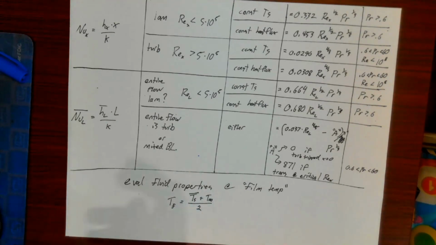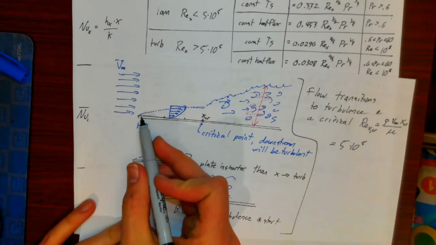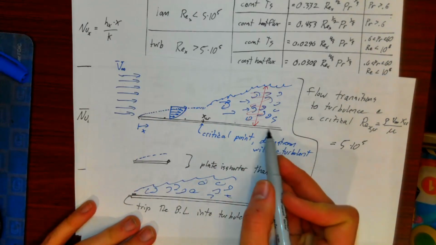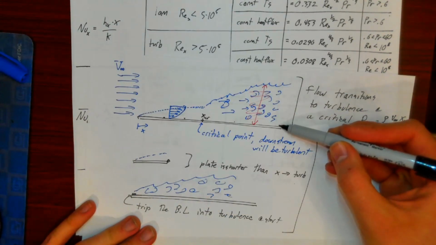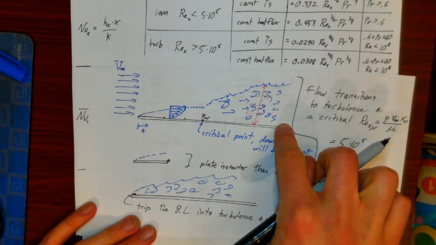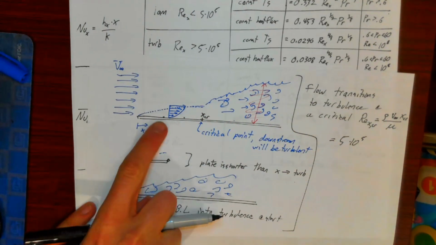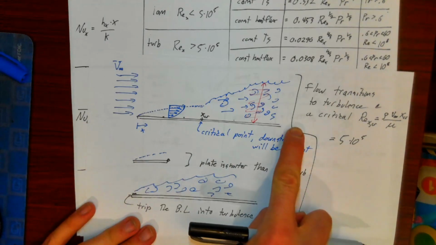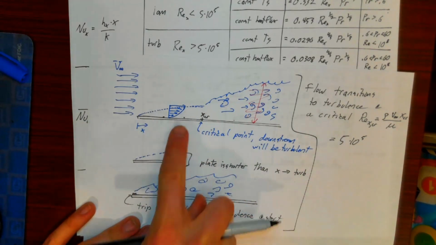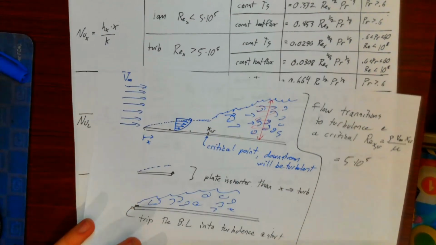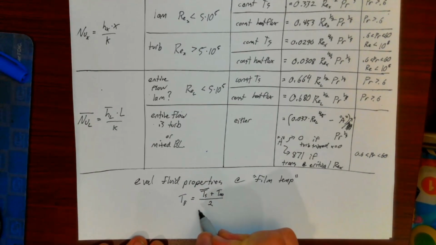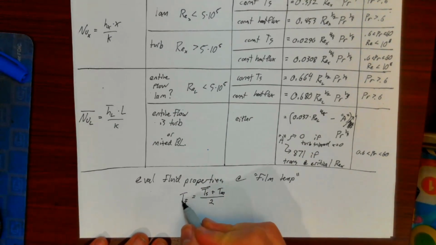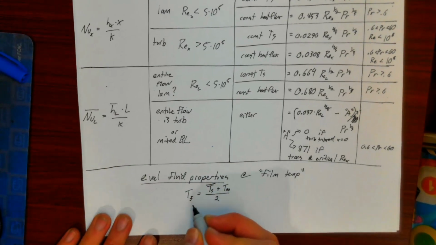This bar over T_S is, if I had the constant heat flux case where my leading edge is at a different surface temperature than my trailing edge, I've averaged the surface temperature and then averaged that with T infinity. It's like, I heard you like averages, so I'm averaging your averages to get a film temperature. And this film temperature is what you use to evaluate your fluid properties.